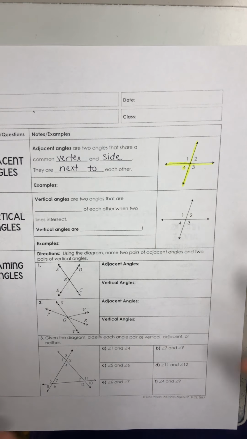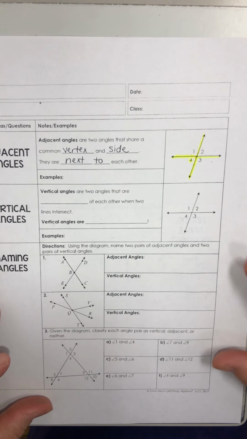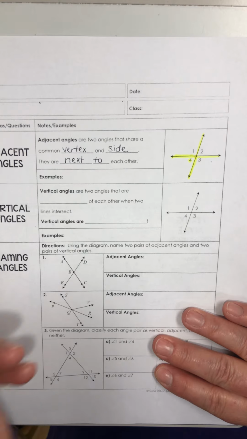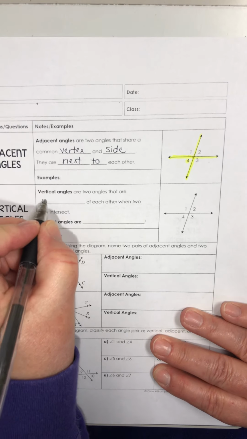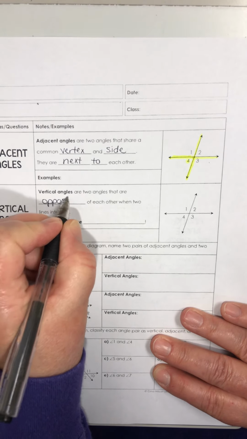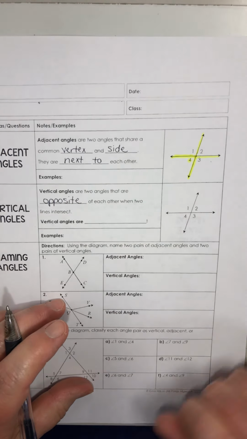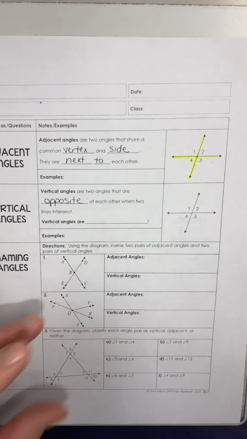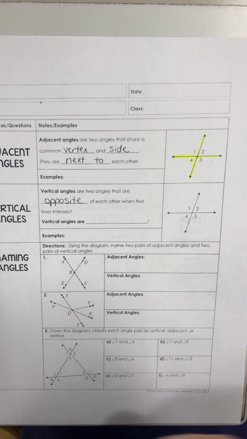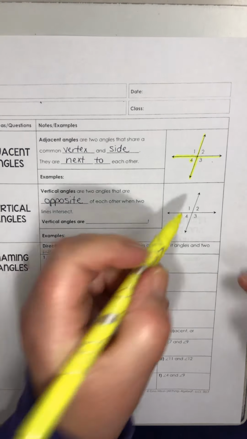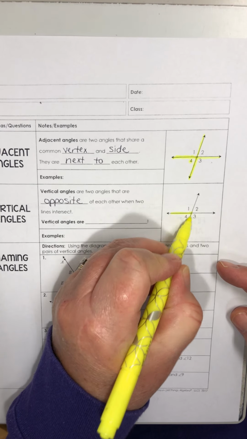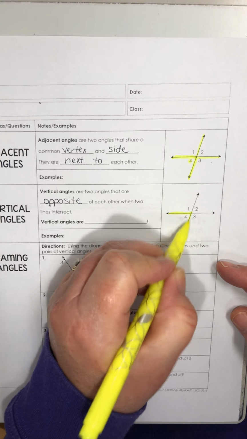Vertical angles, on the other hand, are not next to each other. It says vertical angles are two angles that are opposite of each other when two lines intersect. So we again have these two intersecting lines, and if we take a look at angle 4 again, here's angle 4, contained within these two sides.